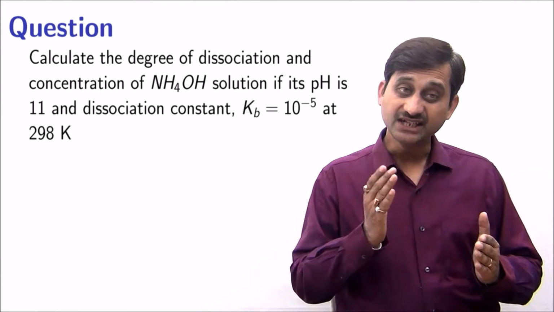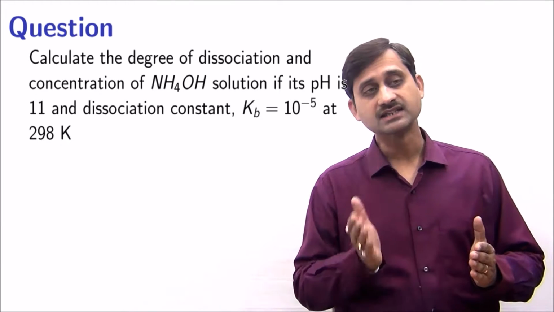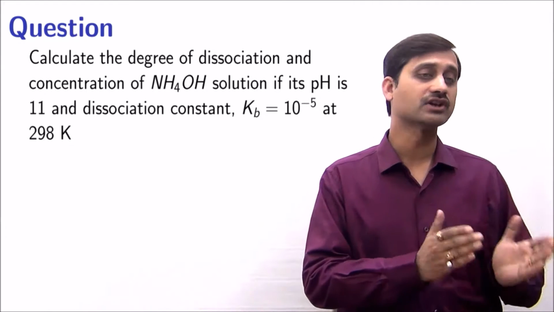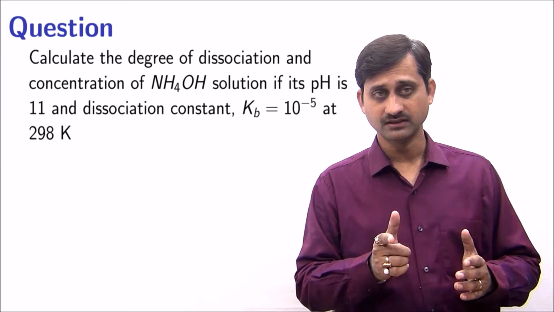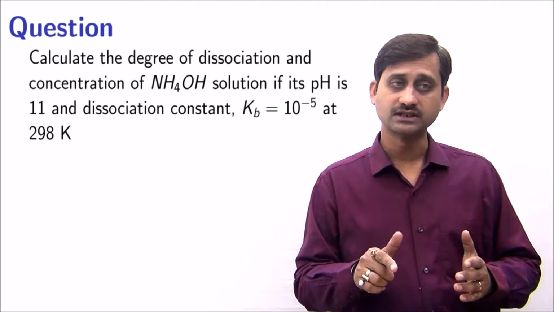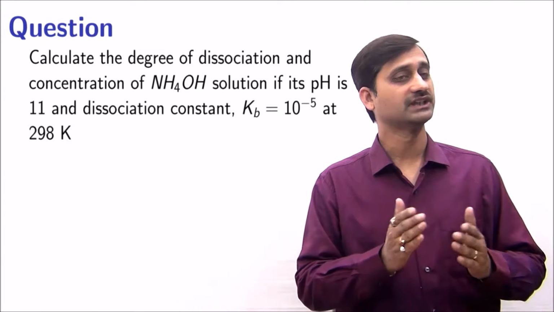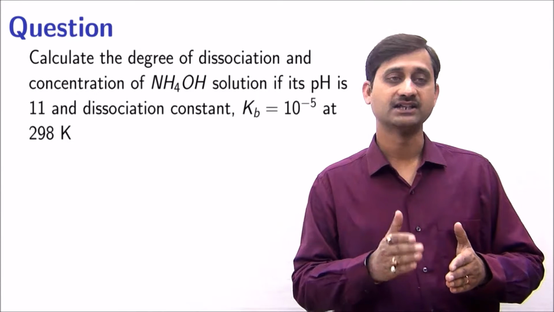Let's have a question. Calculate the degree of dissociation and concentration of ammonium hydroxide solution if its pH is 11 and dissociation constant Kb is equal to 10 raised to the power minus 5 at 298 Kelvin.